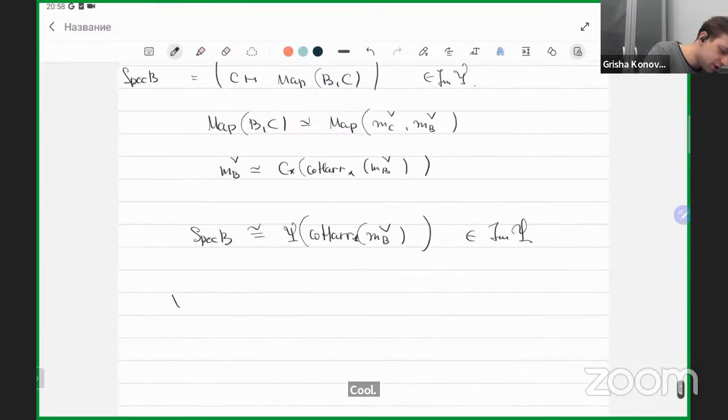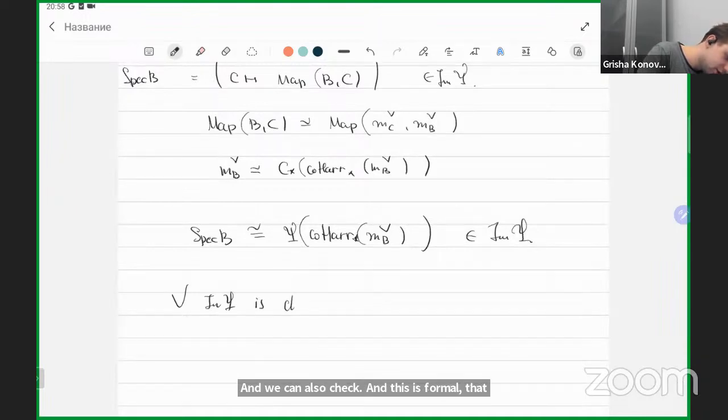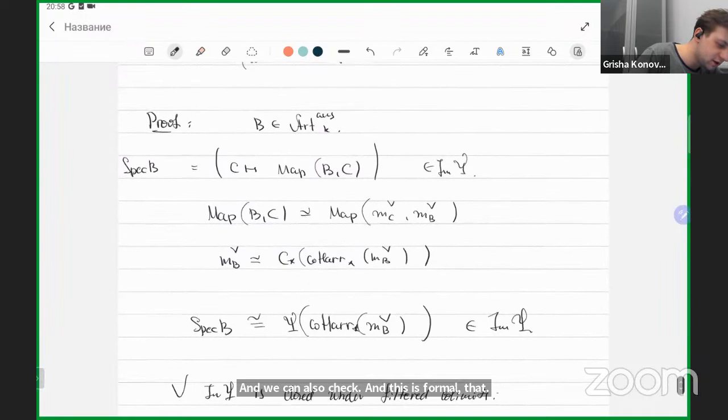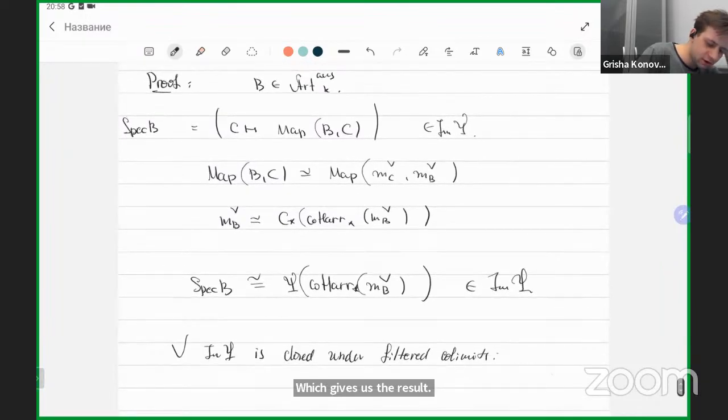And we can also check, and this is formal, that the image of psi is closed under filtered colimits, which gives us the result for the pro-representable objects.